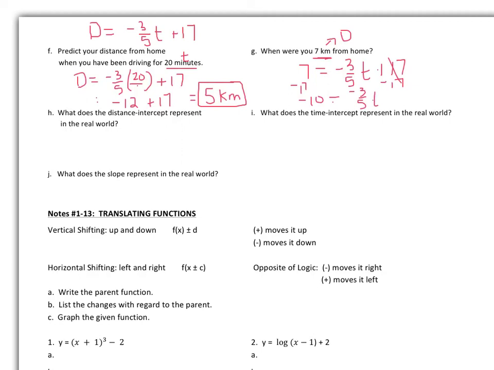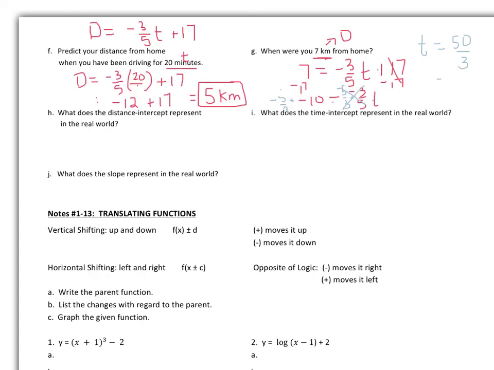Okay, well, in order to get rid of the negative 3/5, you can't divide by a fraction, so what you're going to do instead is multiply by the reciprocal. So I'm going to write that right here. The reciprocal would be a negative 5/3, so I'm going to multiply both sides by that negative 5/3, and that's going to make these cancel, and so you'll have t equals, go ahead and multiply that out, and that comes out to be 50/3.